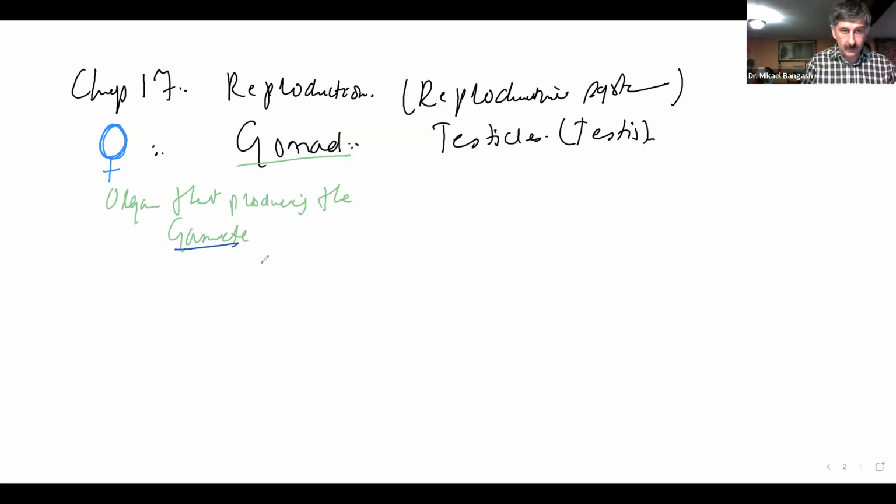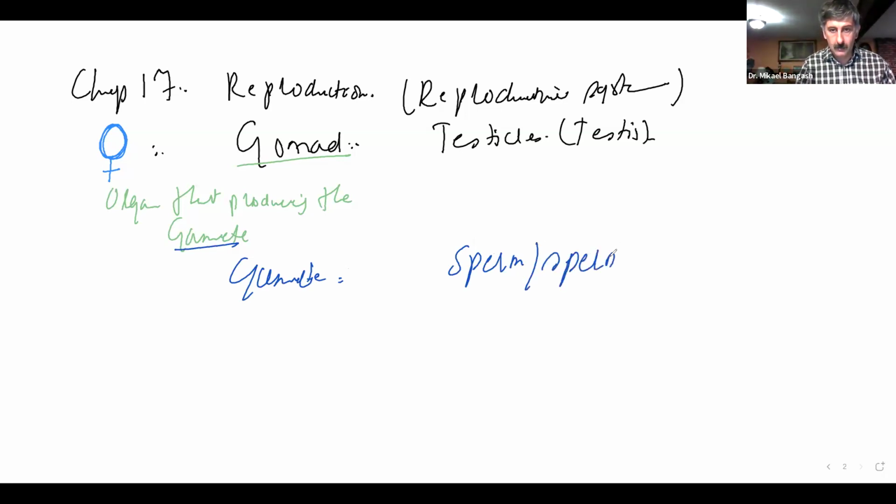The name for the male gamete is the sperm or spermatocyte. So the sperms are going to be produced in the testes.